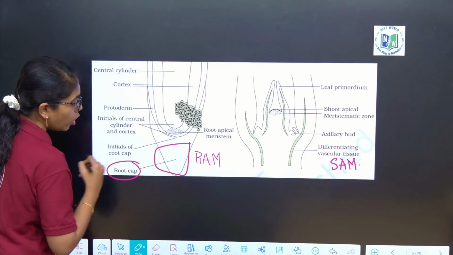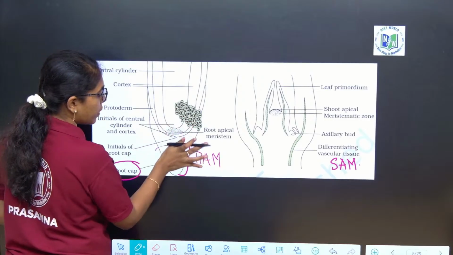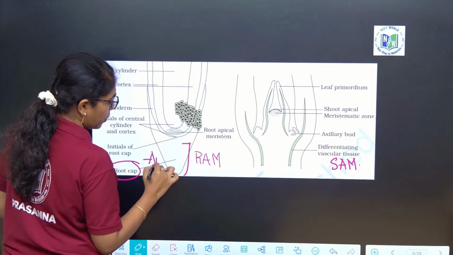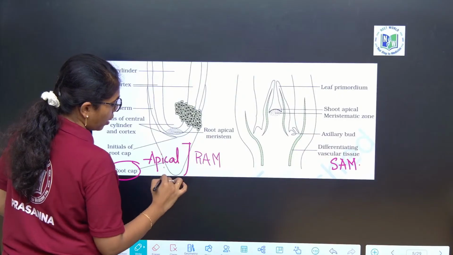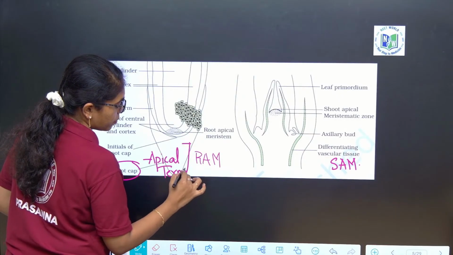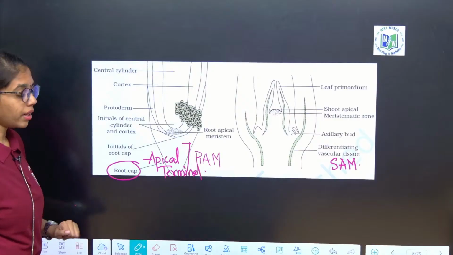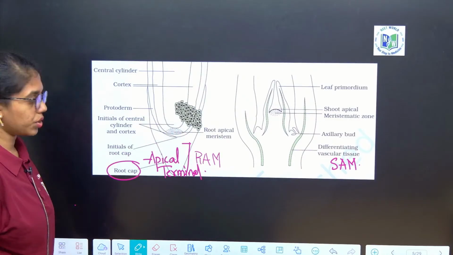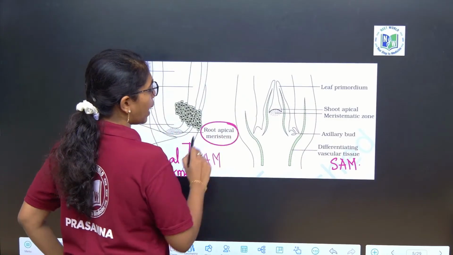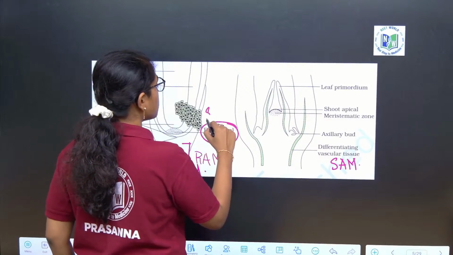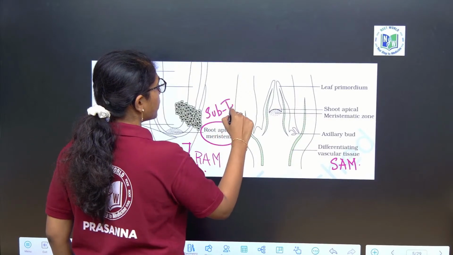You have the root cap. Root cap is present where, beta? At the apical or terminal region. Fine. In the subterminal region, you have the root apical meristem. Root apical meristem is present in the subterminal region.